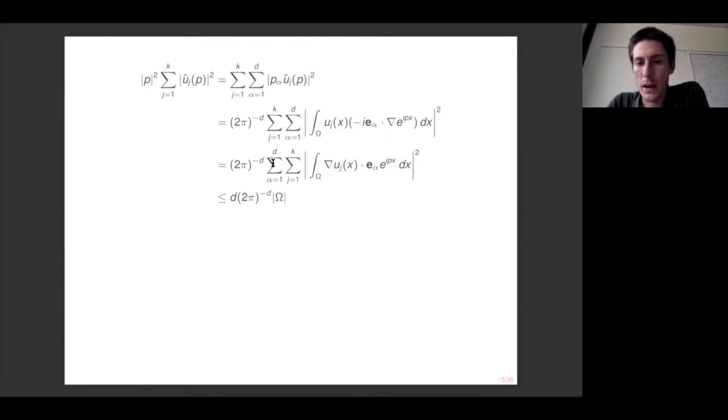So by integration by parts, of course, one gets this. And since the gradients of the generalized eigenfunctions are an orthonormal system in L2 by the normalization condition, by the Bessel inequality, one recovers this upper bound here.